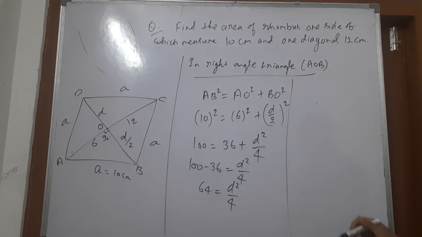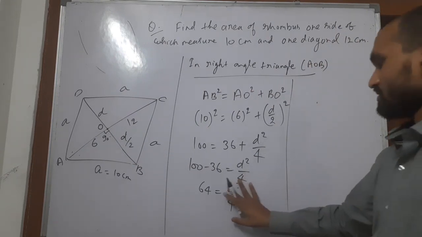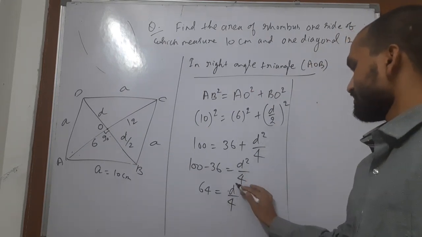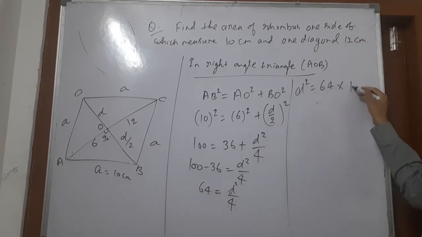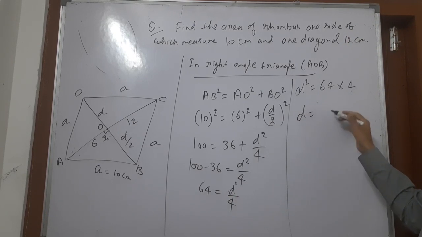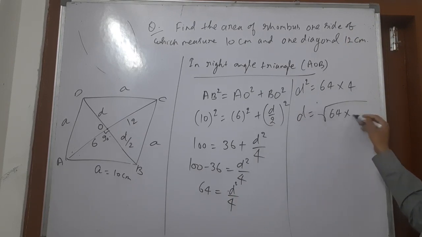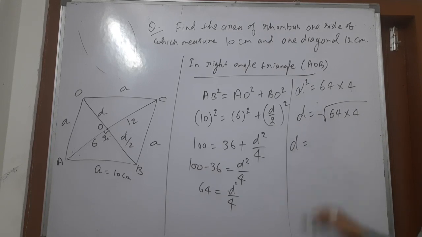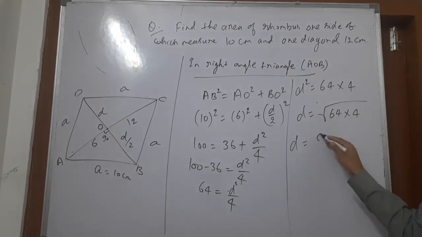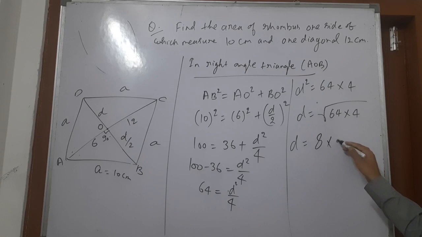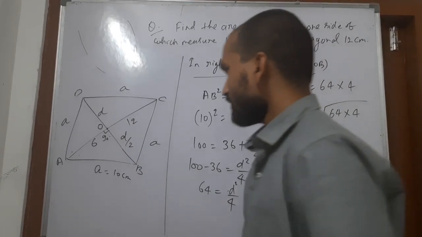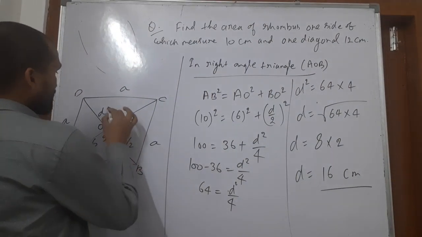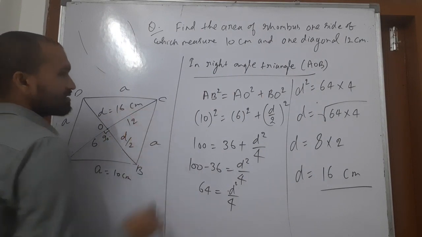So d square will be 64 into 4. Now d will be the square root of 64 into 4. Root of 64 is 8 and root of 4 is 2, so this will be 16 centimeter. We have obtained the other diagonal, which is 16 centimeter in length.